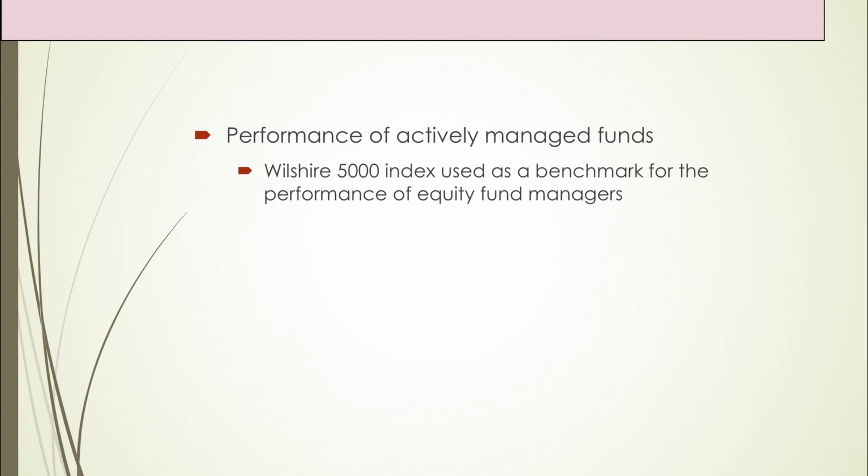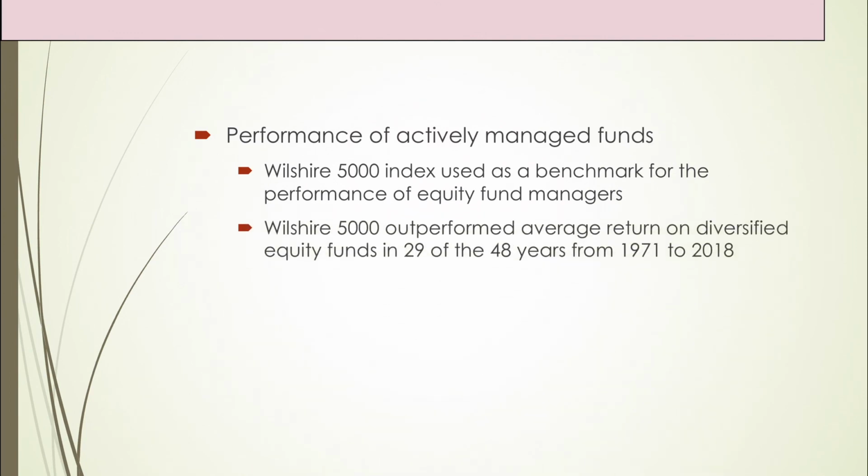And this corresponds to a pretty simple passive investment strategy, just buying one share relative to the market for the entire stock market. And the Wilshire 5000 outperformed the average return on diversified equity funds in 29 of the 48 years from 1971 to 2018.